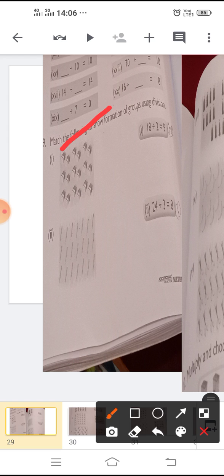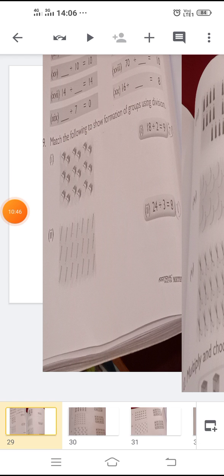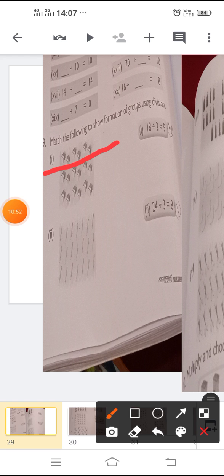We will count first. Two pairs are given. How many pairs have they given, you can see. They have made 3 pairs, like how they have made, you can see 1, 2 and 3.